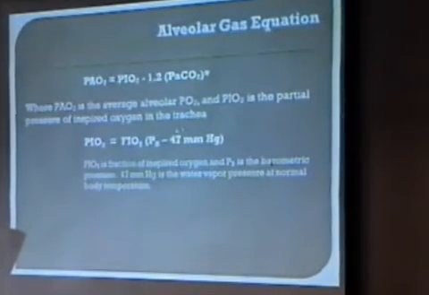Okay, so FiO2 times barometric pressure minus 47, which is the partial pressure of water vapor. So 0.21 times 760, which is barometric pressure, minus 47. How much is that?